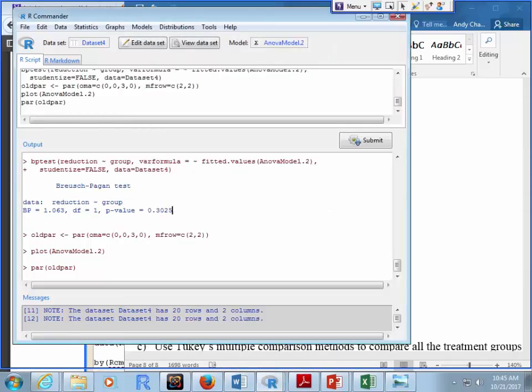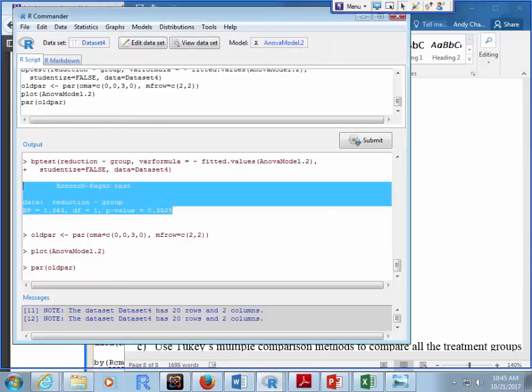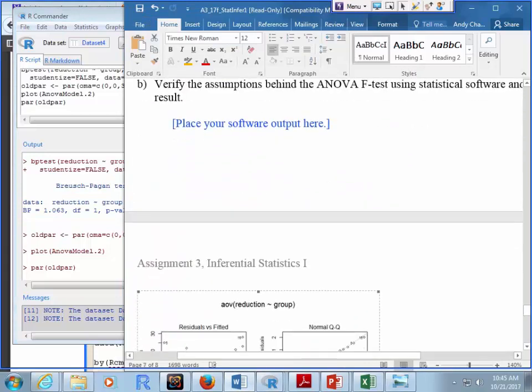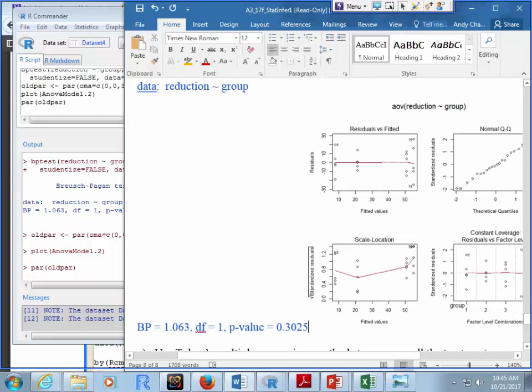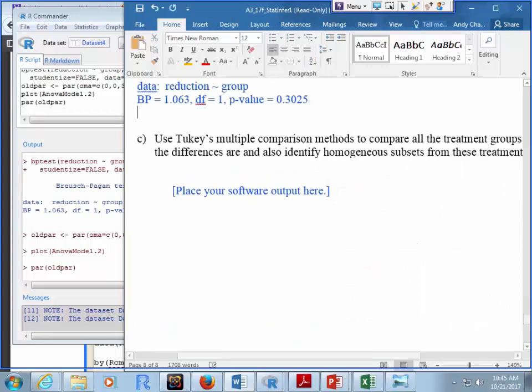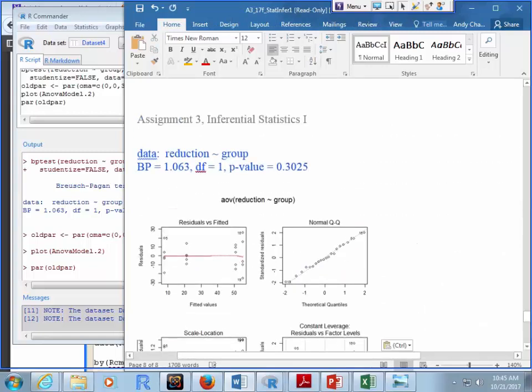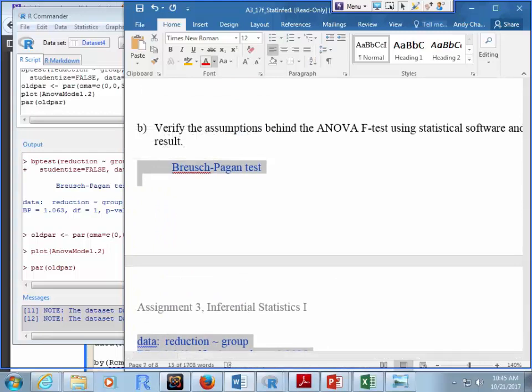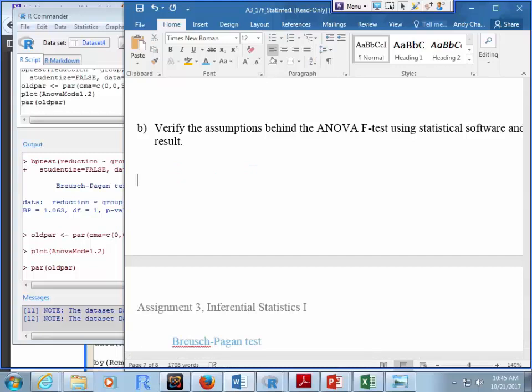And I didn't copy the test of equality of variance. So that needs to be somewhere there. I'm sorry about this. So this is for the test of equality of variance.